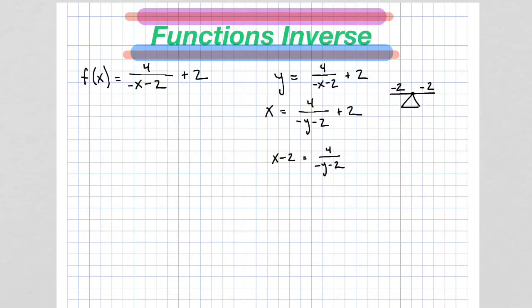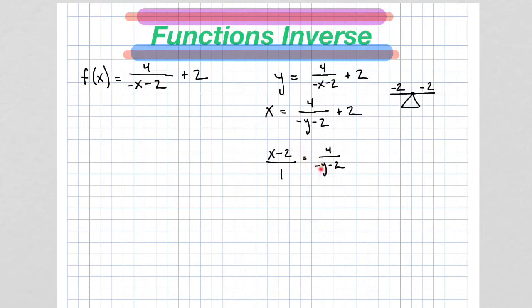Okay, so now we're going to do a little algebra here, a little Vedic math type trick. So basically this x minus 2 is x minus 2 over 1. What I'm going to do is swap places with these. This x minus 2 is going to go down here, and this negative y minus 2 is going to go up here.